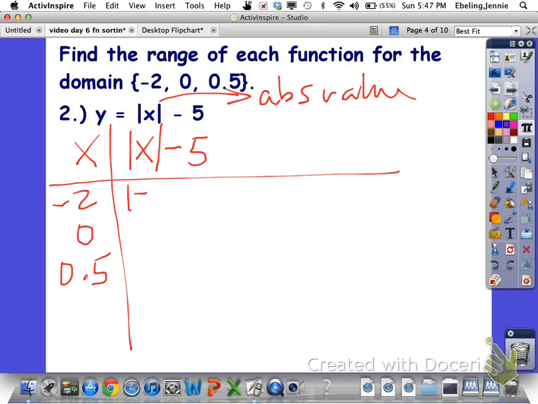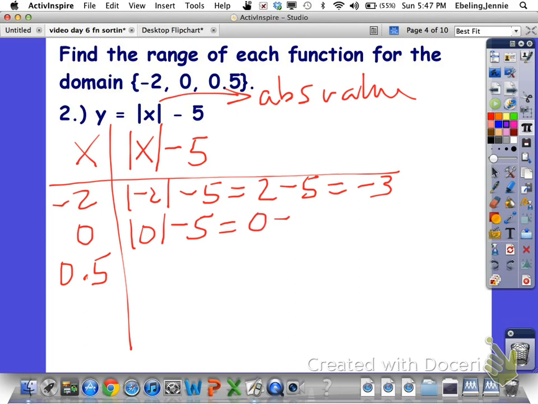So when I have the absolute value of -2 minus 5, the absolute value of -2 is 2, and I still have the -5 in the back. 2 minus 5 gives me -3. When I put 0 inside those absolute value bars, well, the absolute value of 0 is 0, minus 5, and I get -5. I put 0.5 in place of the x for the absolute value.